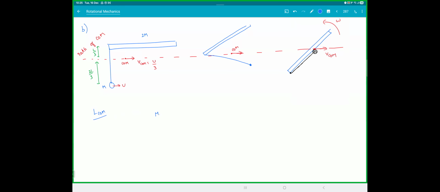So initial angular momentum is mu into 2L by 3. Final angular momentum is I of the rod plus I of the ball, times omega, but I of the ball is 0 because you are at center of mass. The rod will be 2m, (2L) whole square by 12, plus 0, times omega.